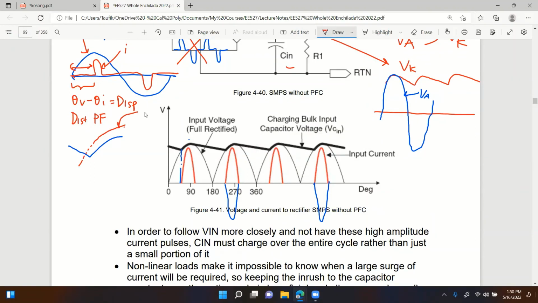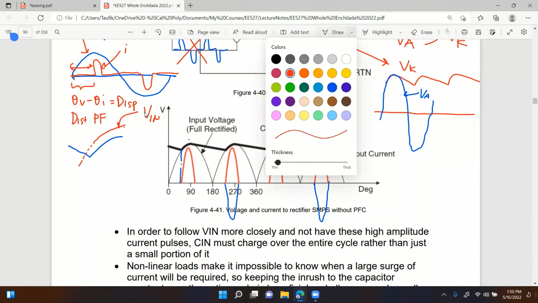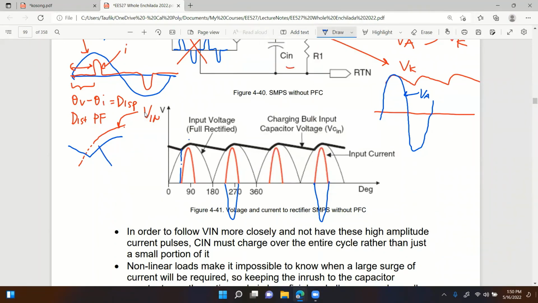That's the input sine wave, and that's the capacitor voltage. At that point, since the sine wave is larger than the capacitor voltage, the anode is larger than the cathode, and the diode conducts through this current. This current tells me that the diode conducts.